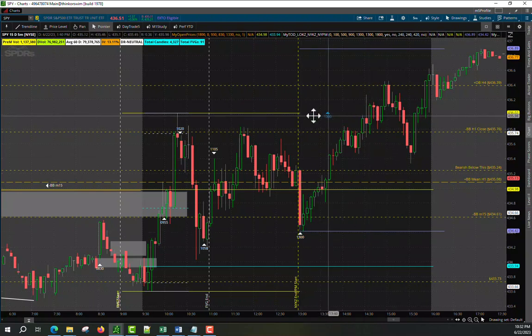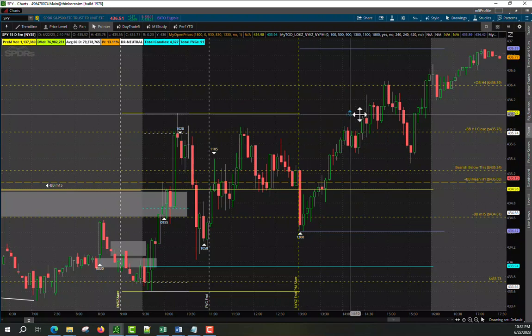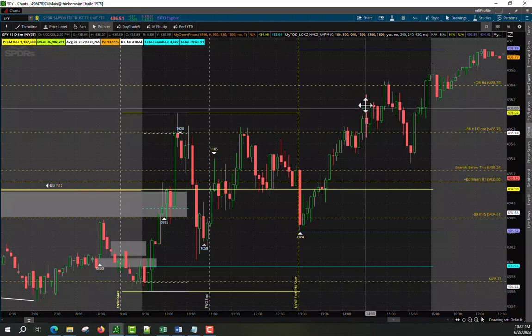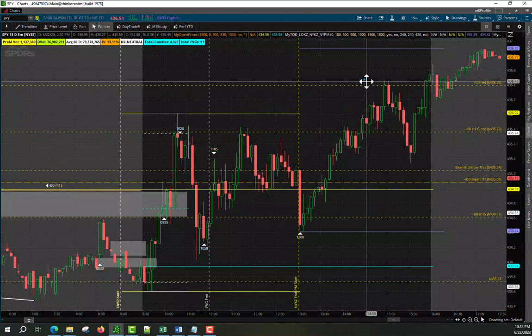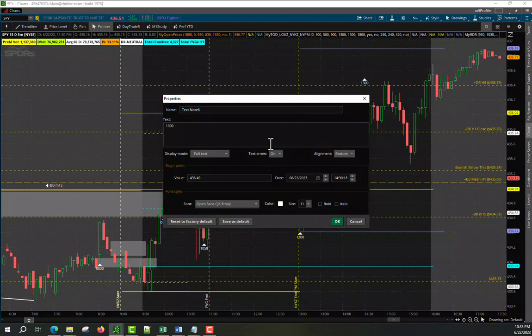So right here, we want to take the buy-side liquidity, which will be this one, 14:30.